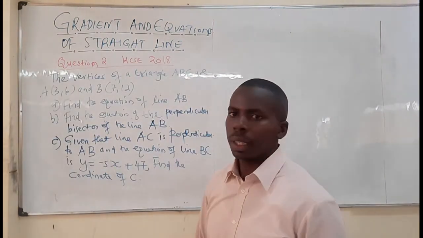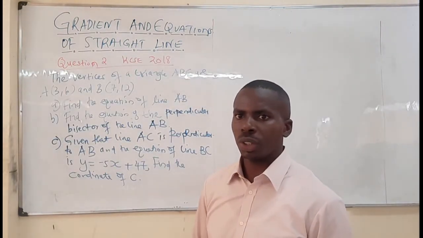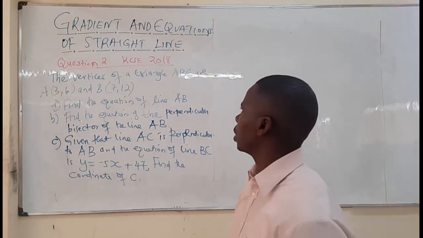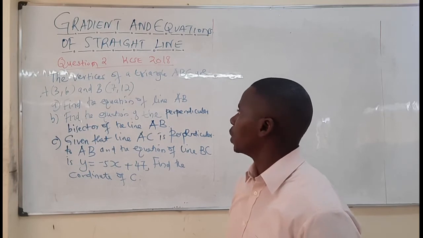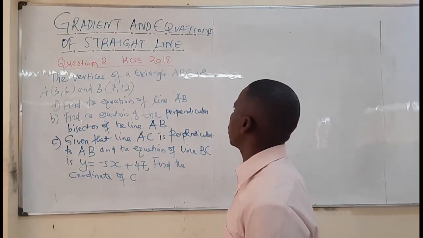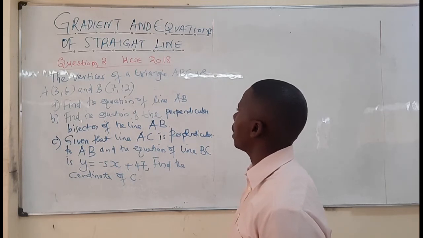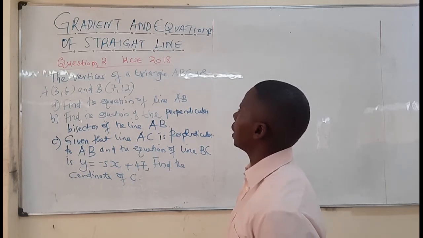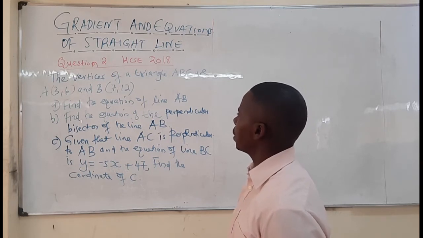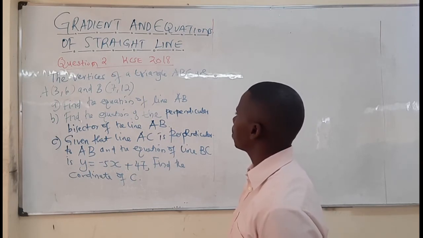Let's look at now question 2, and this question is from the KCSE 2018. It reads, the vertices of a triangle ABC are A (3, 6) and B (7, 12). In A, we are told to find the equation of the line AB.